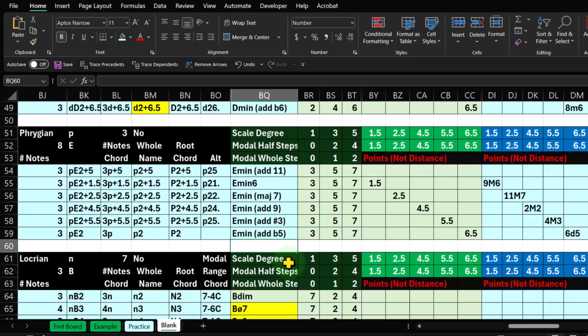And so notice, if you're adding a flat 5, you're doing something that's kind of like a Locrian, right? But now you're saying that I have a normal 5 and a flat 5, which is weird, right? You don't normally have a normal 5 and a flat 5, but you could, in theory. And so it's a totally weird chord.